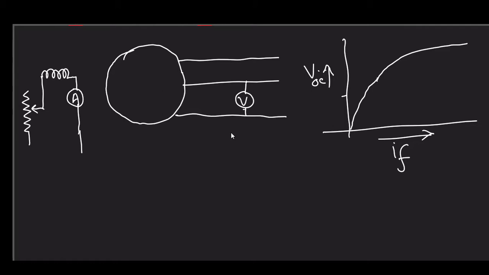However, we know that due to the iron, after a certain value of mmf, or rather after a certain value of magnetic field intensity, which is H in ampere turn per meter, our magnetic materials start exhibiting saturating characteristics.